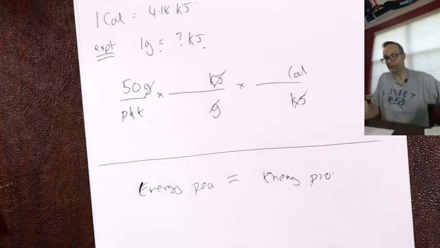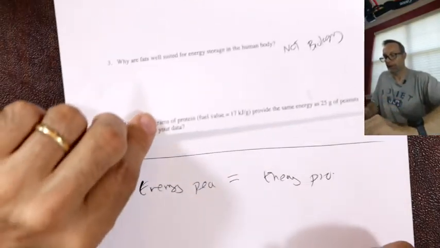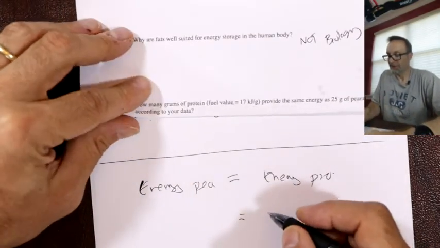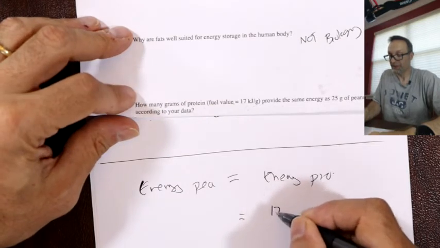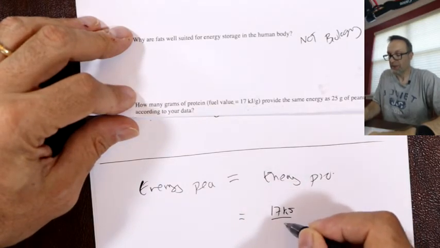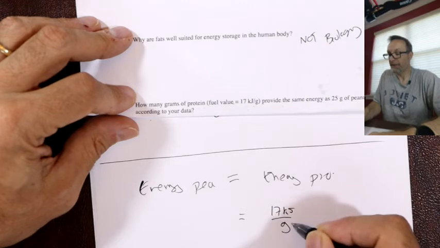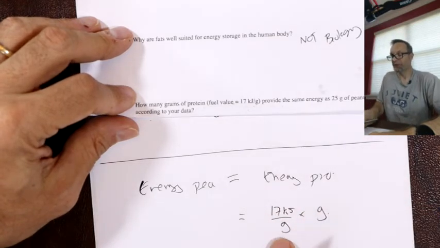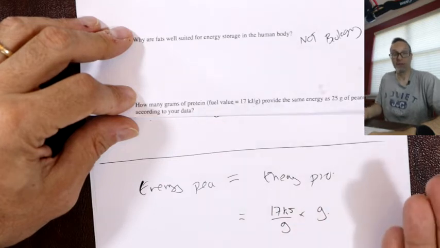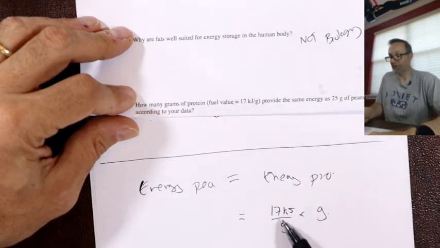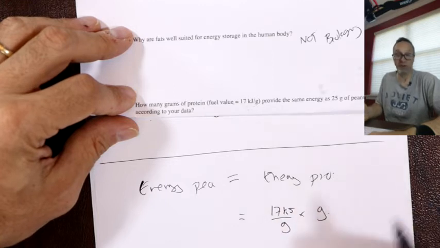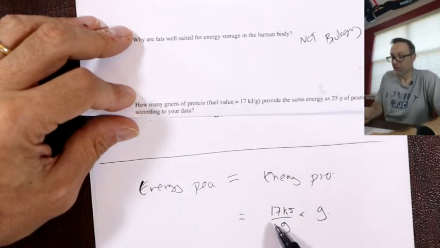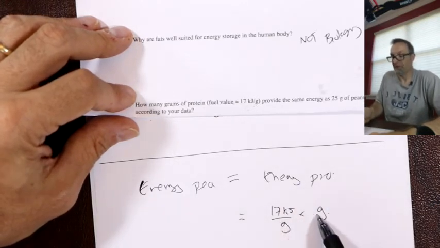If we look at our numbers, if it's protein, 17 kilojoules per gram, right, times the number of grams is the amount of energy in the food, right? So if it was 2 grams, it would be 17 per gram, it'd be 34 in 2 grams, right? Okay. So you can work out the total by the amount per gram times the number of grams.